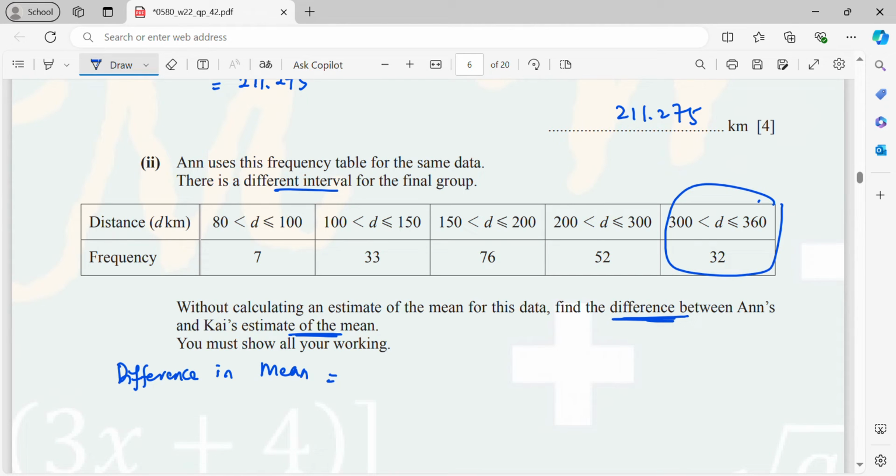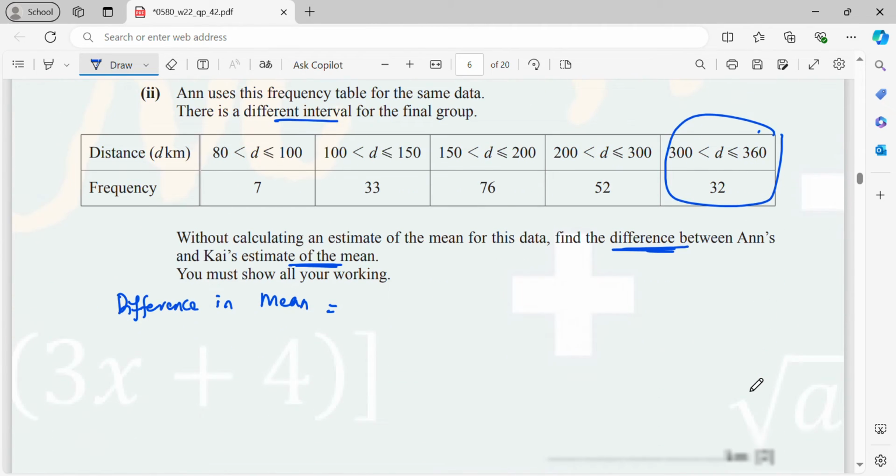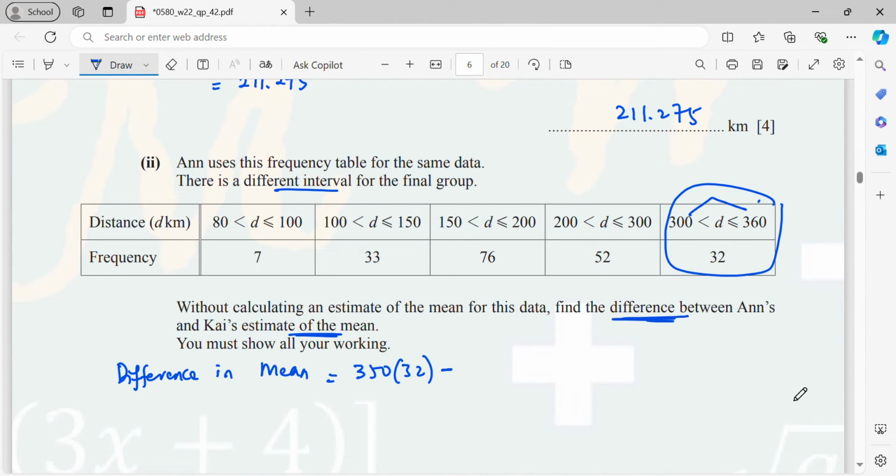Right? So for the last group, initially the calculation is 350 times 32. So now I will just write 350 times 32. Then I minus, okay, the average of the new group, which is 330. 300 plus 360 is 660, divided by 2 is 330.